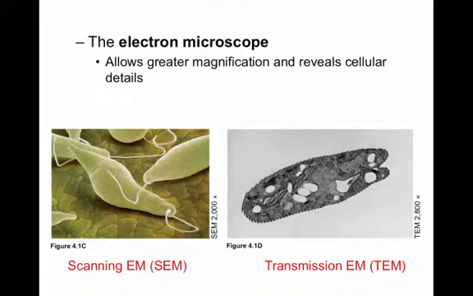And you have the scanning, which is really just looking at the outer surfaces of the organism, and then you have transmission, where you take thin slices of the organism and you look inside. But the drawback here with electron microscopy is that you can't view living organisms, only organisms that have been preserved, because you are using electrons in a vacuum, which is the electron microscope mechanism to view these organisms.